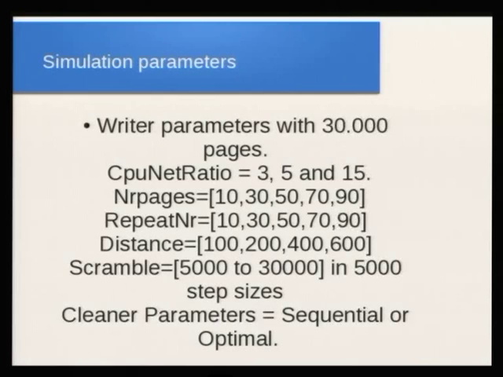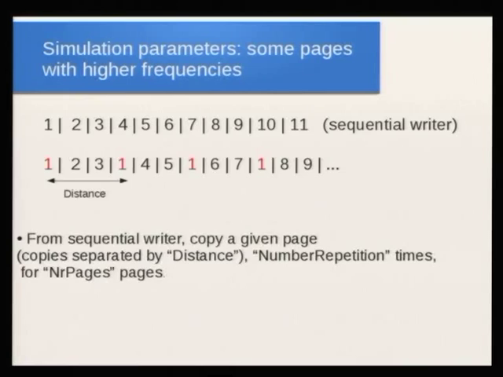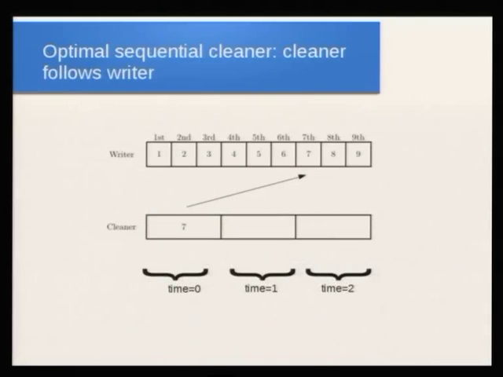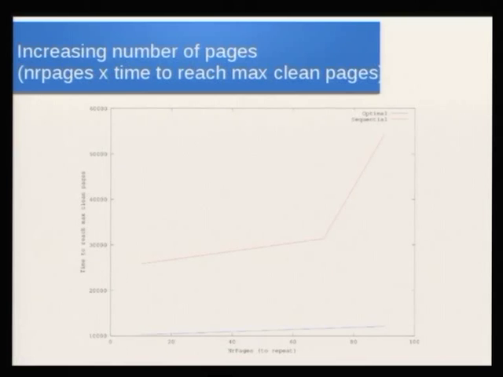I tried ratios of 3, 5, and 15, so the network is 3 times slower, 5 times slower, and 15 times slower, and the results are similar. What I plotted here are the results for ratio equals 3, but the results are similar.